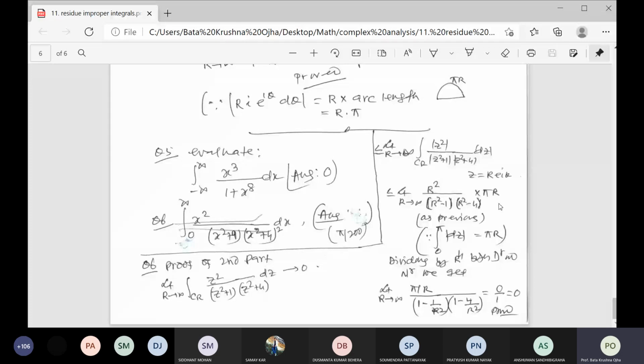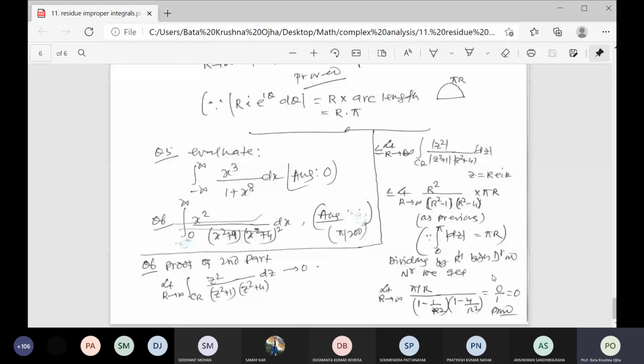So divide by r square, both the denominator and numerator. Here you see the power of r in the numerator is 2 and in the denominator is 4. If that condition is satisfied, then divide by r square, the highest power of r, in both the denominator and numerator.